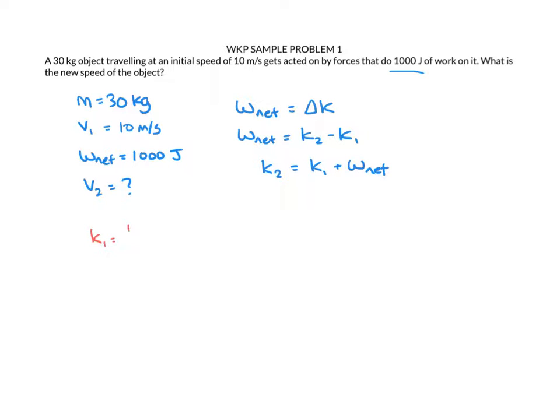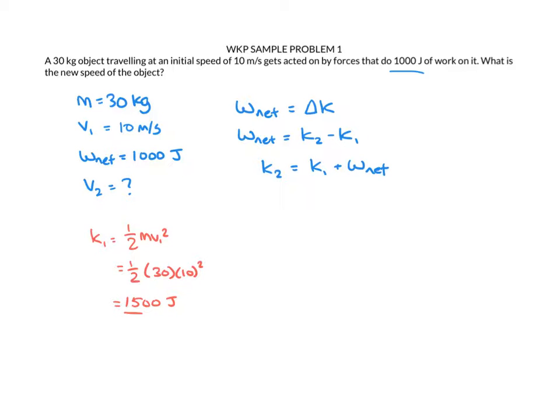Okay, so K1, I'll do it off to the side. The starting kinetic energy will be half m v1 squared. Plugging in those values, it's a half times 30 times 10 squared. Half times 30 is 15. 10 squared is 100. So it's 15 times 100, and that's 1500 joules to 2 sig figs.